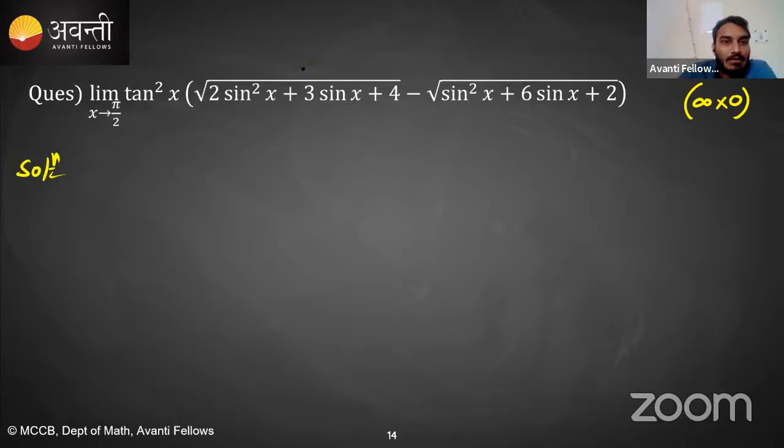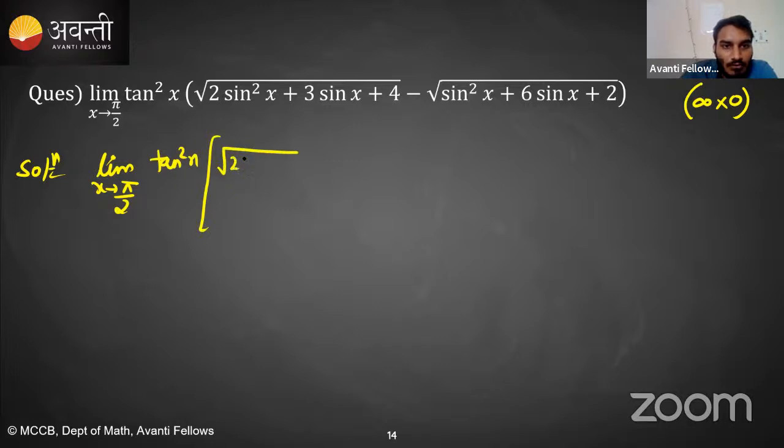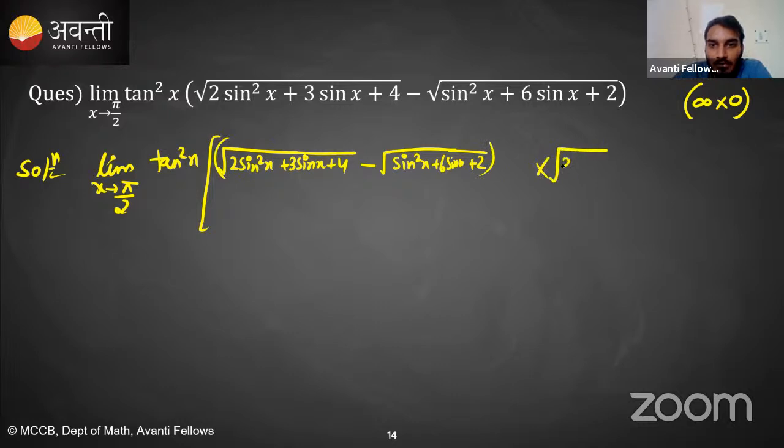So this can be written as limit x tending towards pi by 2 of tan square x into (square root of 2 sin square x plus 3 sin x plus 4 minus square root of sin square x plus 6 sin x plus 2), into multiply and divide by the conjugate. So what will you do? Rationalize.